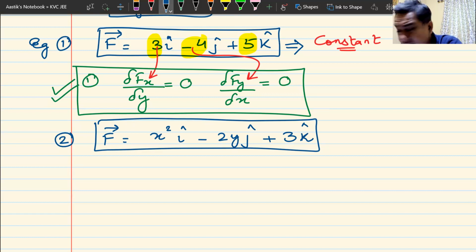x squared i minus 2yj plus 3k, whether this force is conservative or not. Do I have any answer from anyone?